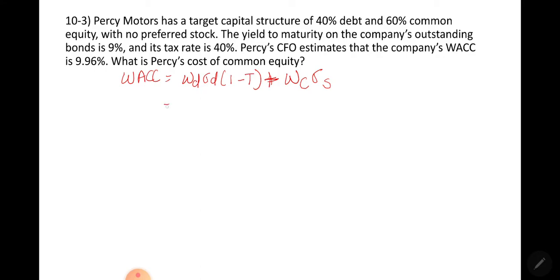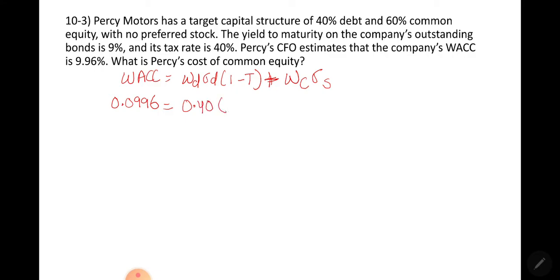So let's plug in the values. You have a WACC of 9.96%, so that is 0.0996. The weight for debt is 0.40.